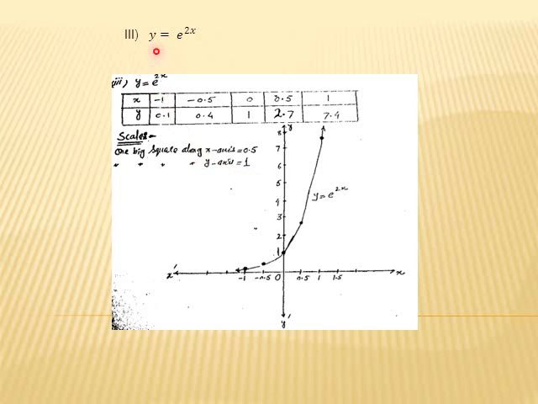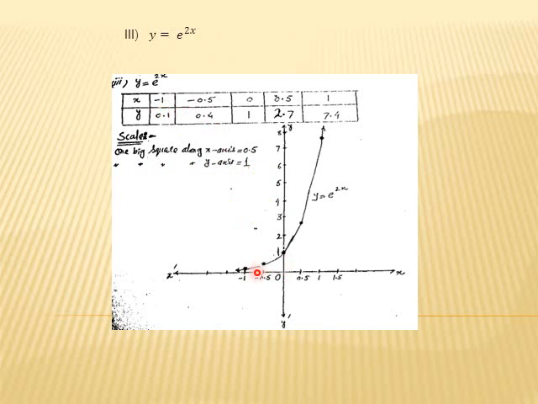Again, the third part, y is equal to e raised to the power 2x. If I take minus 1 here, from the calculator you get 0.1, minus 0.5, you can get this. One big square along the x-axis is 0.5 and one big square along the y-axis is 1 unit.